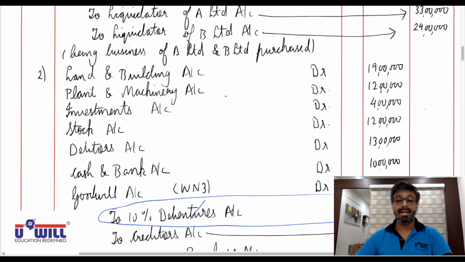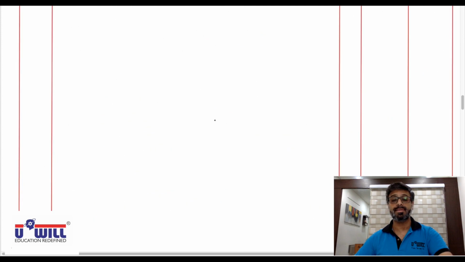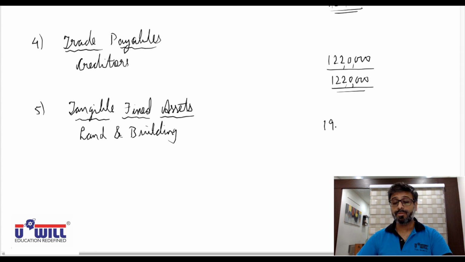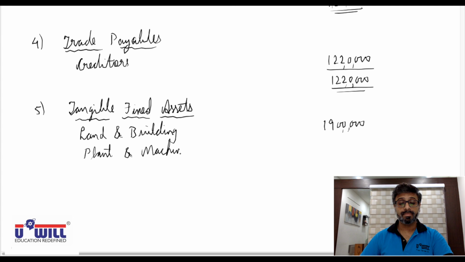Land and building of 19 lakhs and plant and machinery of 12 lakhs. Total 31 lakhs.